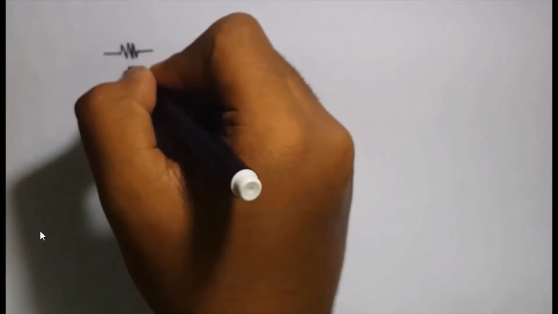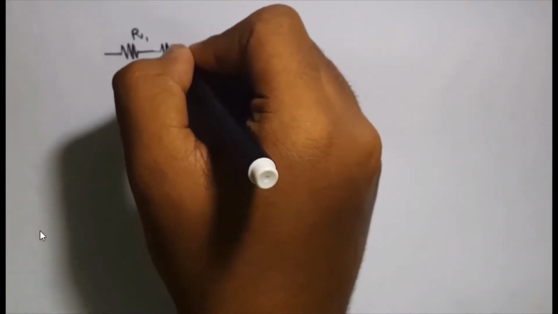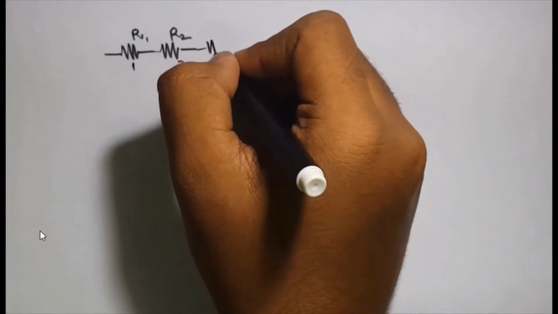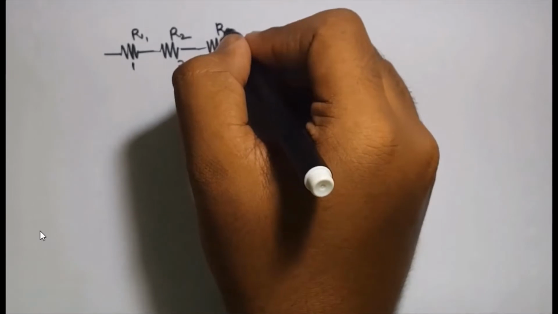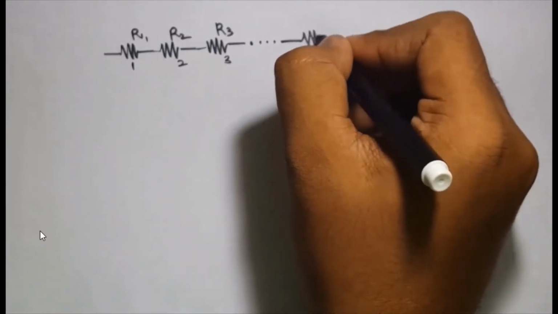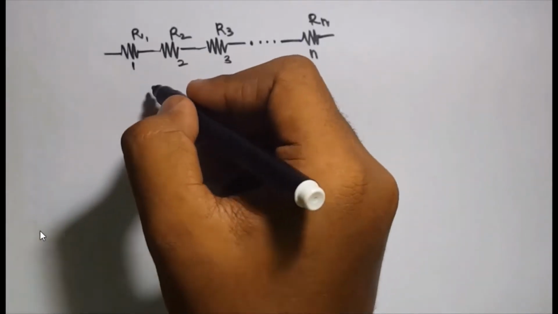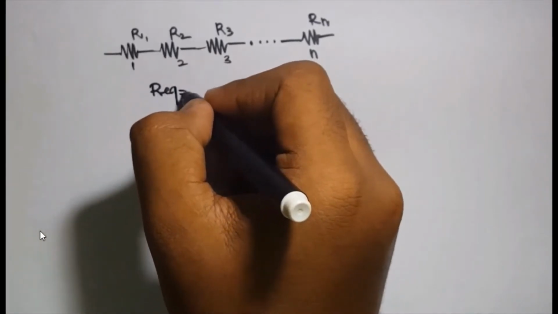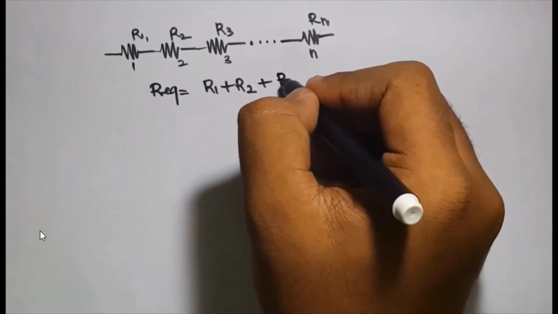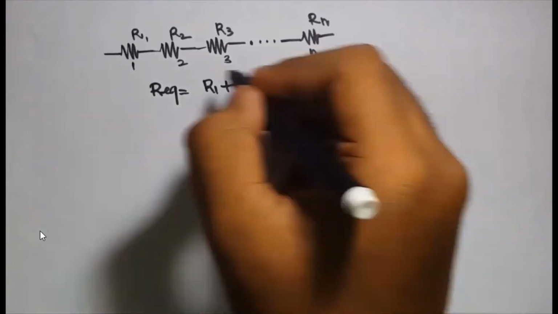Let this be the first resistor R1, second resistor R2, third resistor R3, and so on, the nth resistor Rn. The equivalent resistance for this combination is R equivalent equals R1 plus R2 plus R3 plus and so on plus Rn.